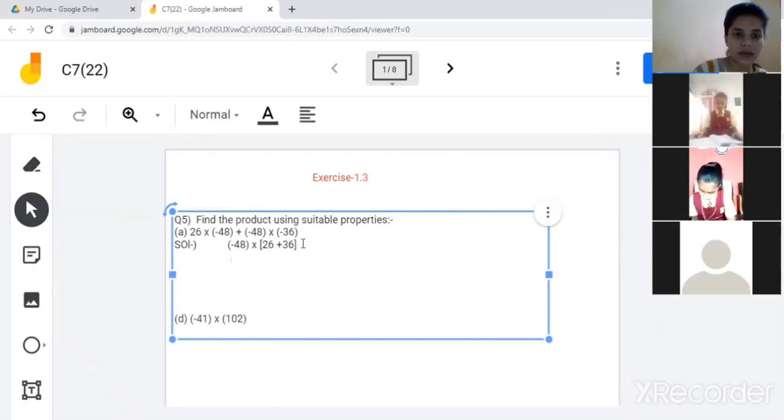Now you can take a simple 48 common. It will be minus 26 and this is minus minus, so it will be plus, children.